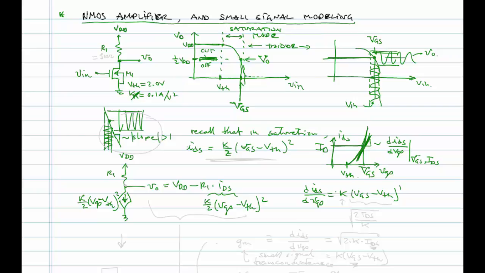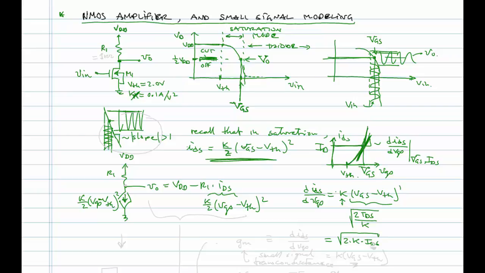Now we also know, looking at the expression, that we can express this VGS minus V threshold as the square root of 2 IDS over K. If we pull the K in, this is equal to the square root of 2K times IDS.